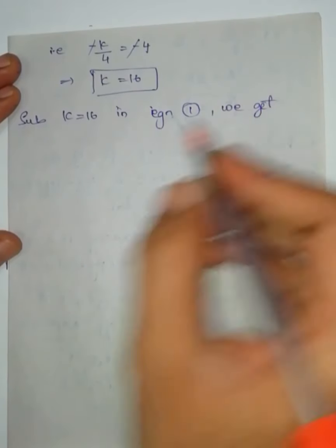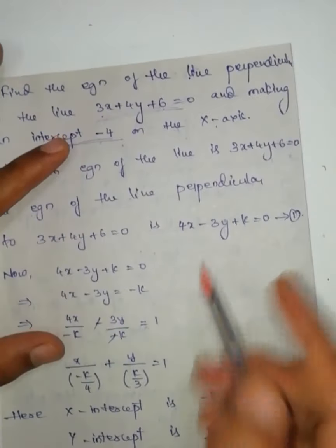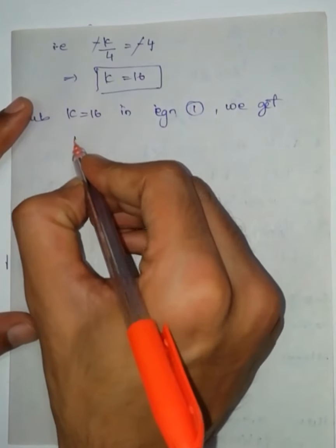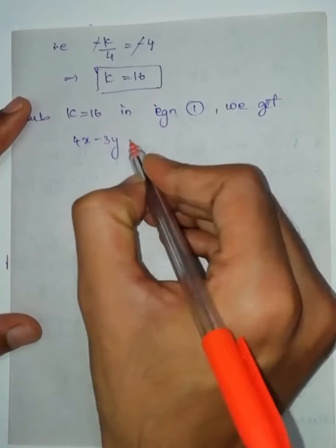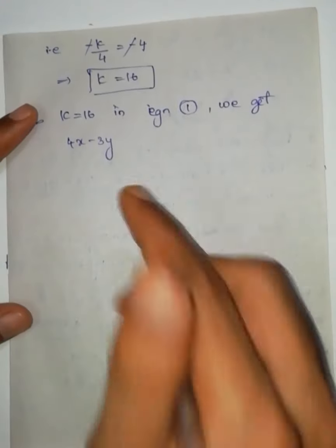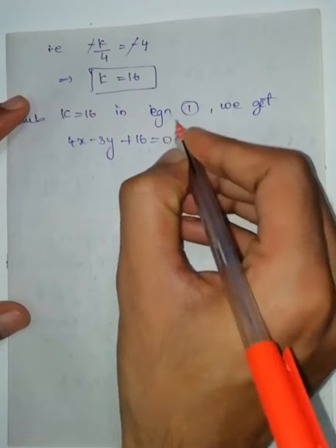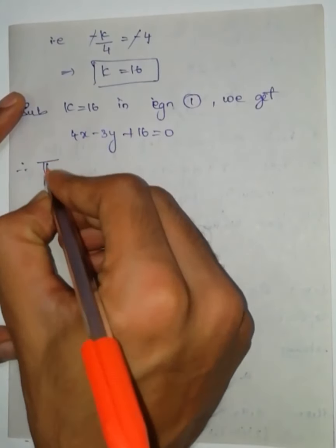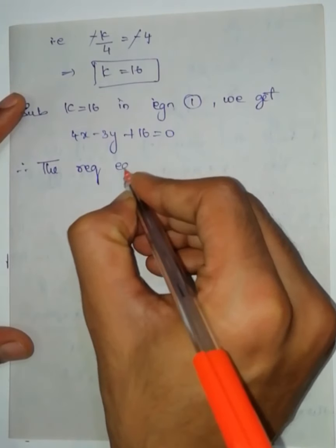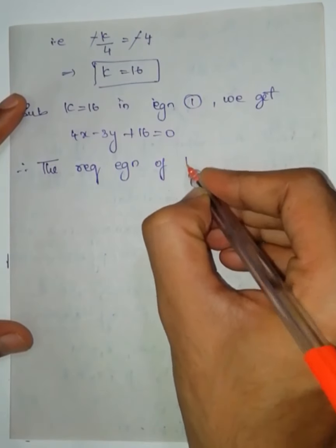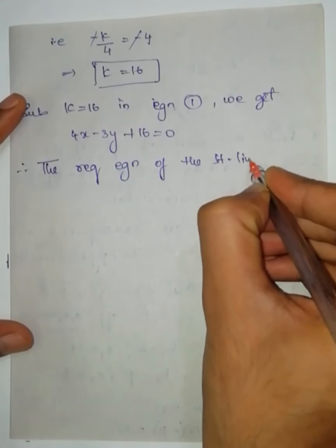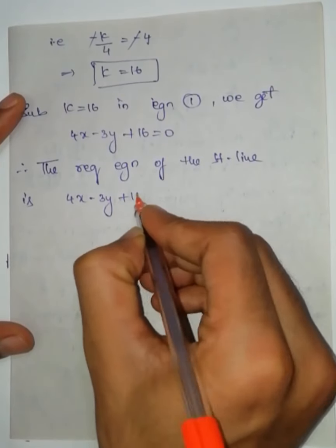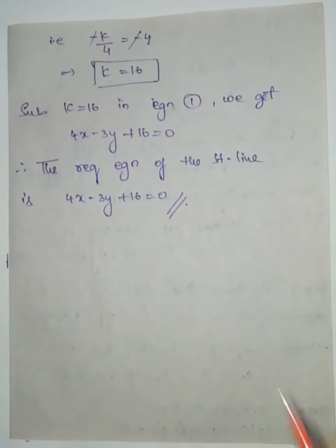We get 4x minus 3y plus 16 is equal to 0. Therefore, the required equation of the straight line is 4x minus 3y plus 16 is equal to 0.